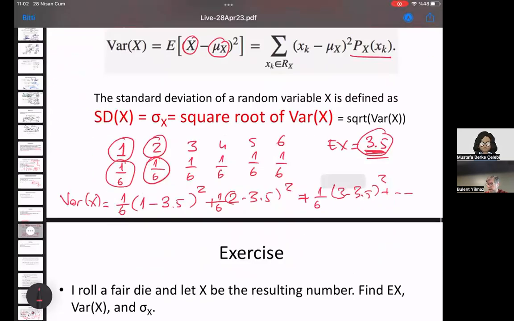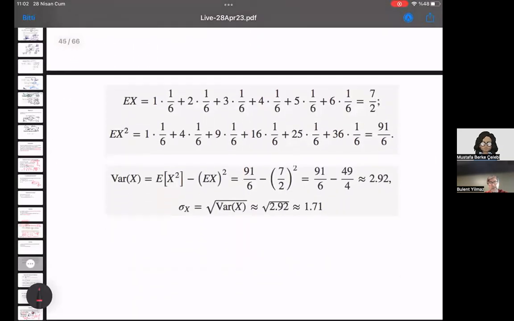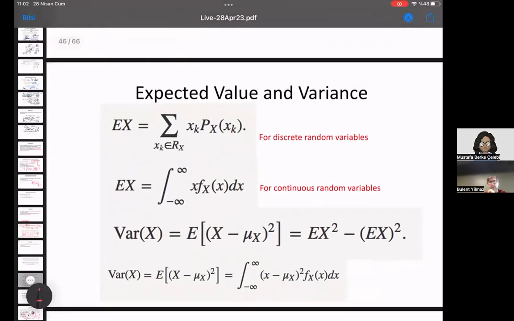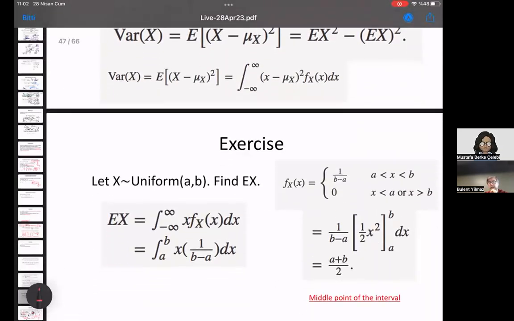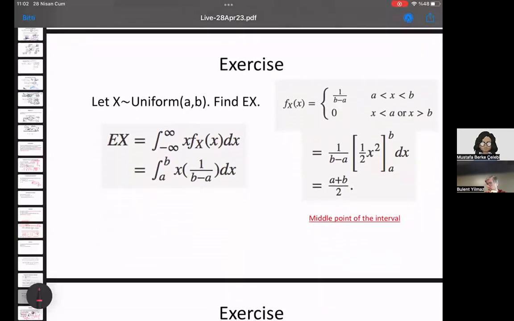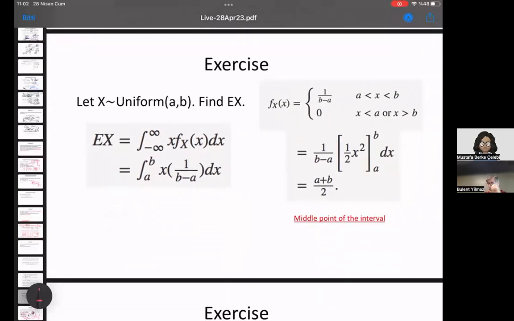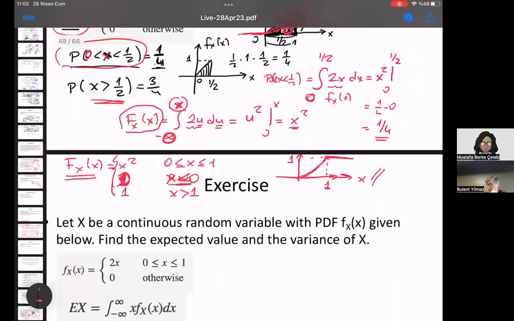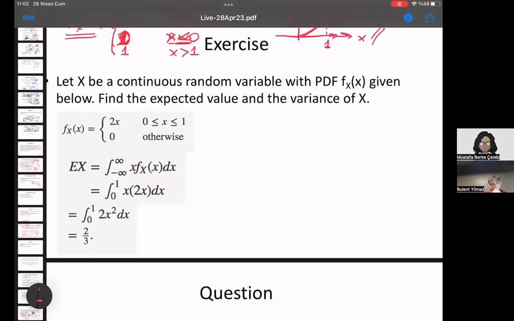Please take a look at these examples, solve the examples in different parts of our book or some other resources, and you can find the variance or expected value of a PDF. If I give you the PDF, you have to find x times the PDF. The other one was x_k times the probability of x equals x_k.